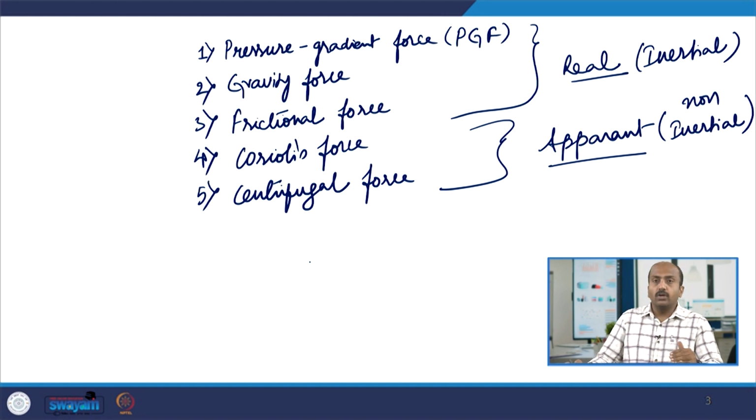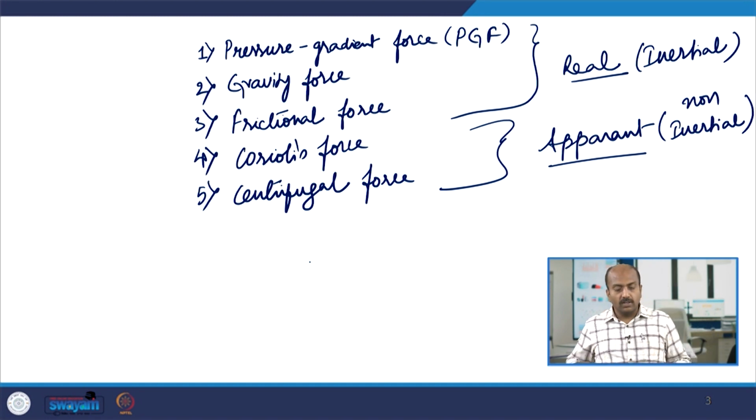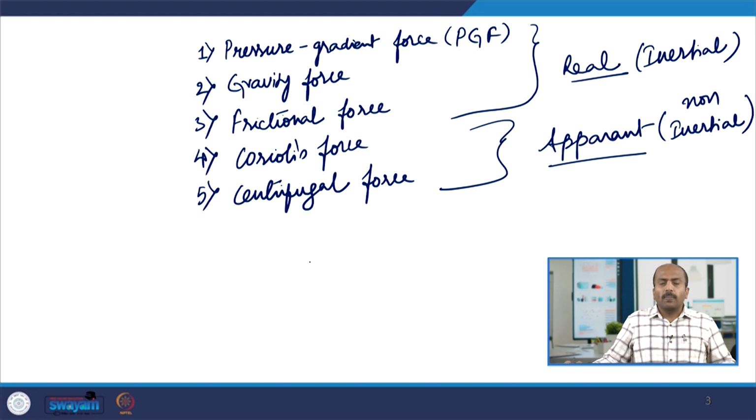In order to avoid repetition, I am not going into the details of deriving all these forces. You can simply refer to those videos. So, what I am going to do now is write directly how we can write an expression for force per unit mass of these forces.